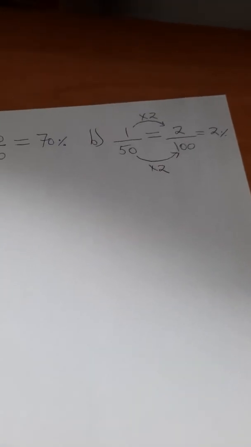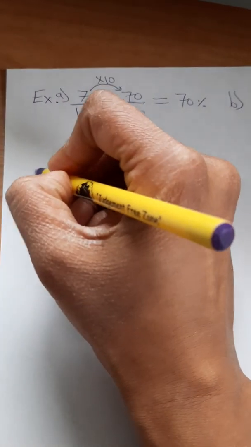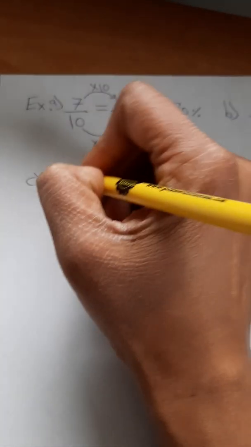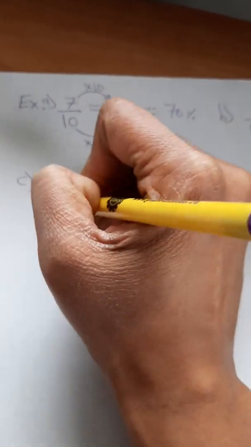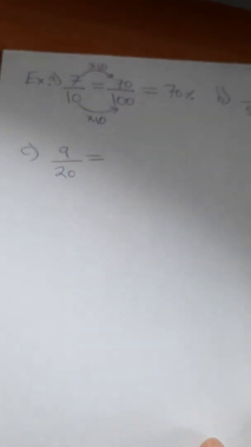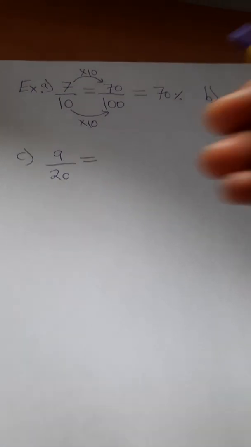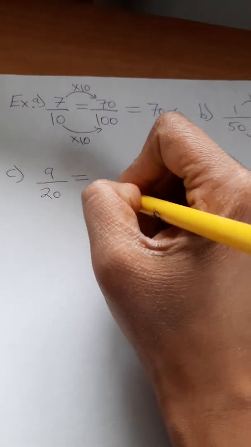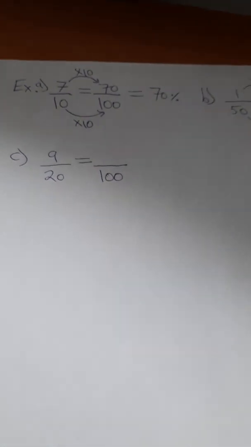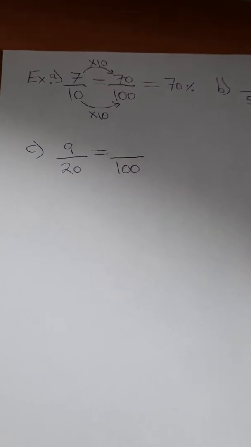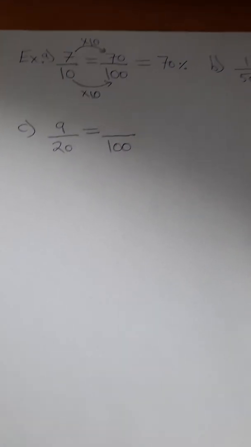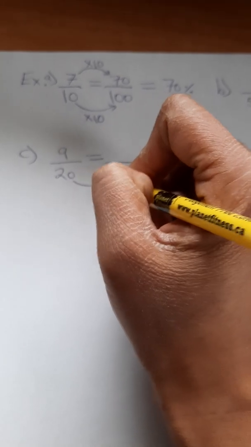Okay, does everyone see that? And you can always check your answer on the calculator as well. So let's try one more here. The fraction that's given is 9 over 20. I noticed the questions that will be given in the textbook will be where you have the denominator, and the denominator can go into 100 an exact number of times.